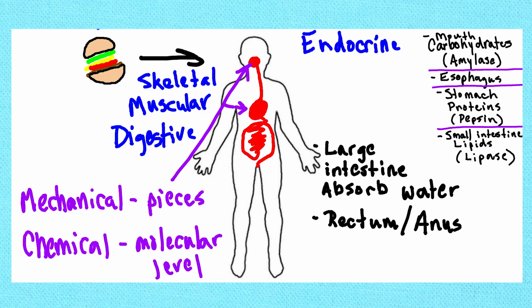Maybe you say that the brain has to tell your muscles in your mouth to chew and actually activate the tongue and the muscles to contract, and it kind of tells you where the food is so you know where to bite. So maybe you could argue that the nervous system is involved. But as long as you know that this whole system is based off one system, and then it kind of recruits other guys to help it out a little bit, you're in good shape.